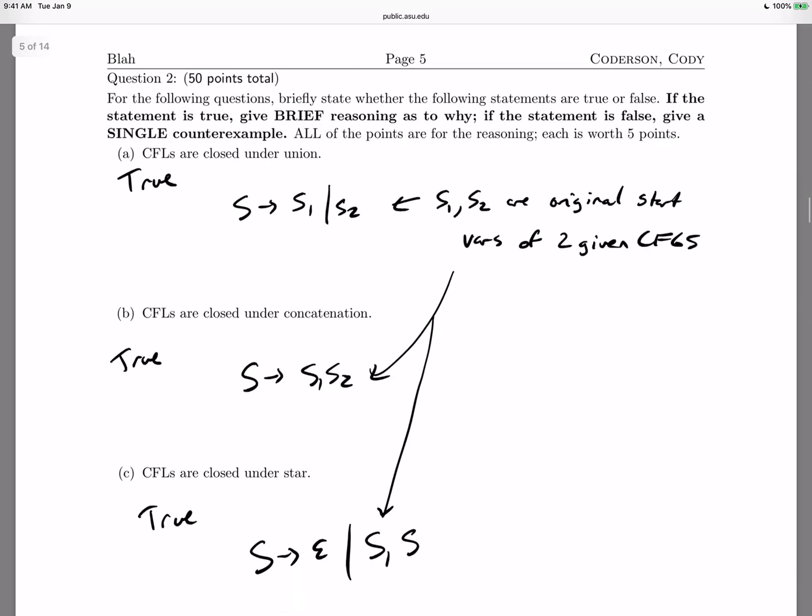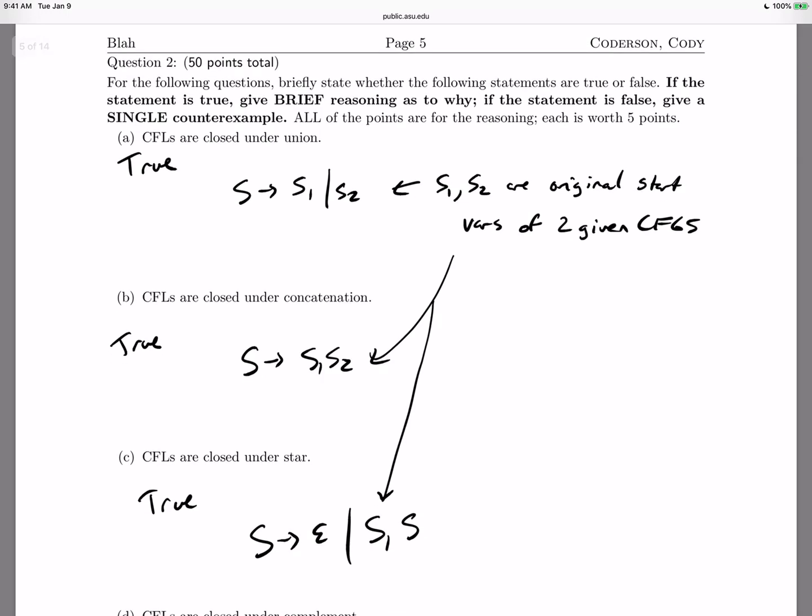So for the first 3, it's wrong to say that these are the regular operations, therefore CFLs are closed under them, because CFLs are regular languages. What's wrong with that last bit? Right, there are CFLs that are not regular. So if you think that context-free languages are regular languages, you probably need to revisit that part. Okay?